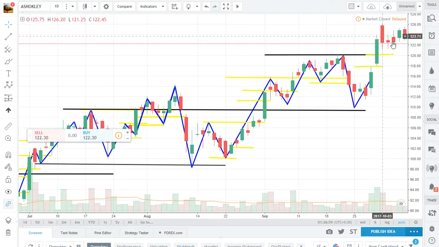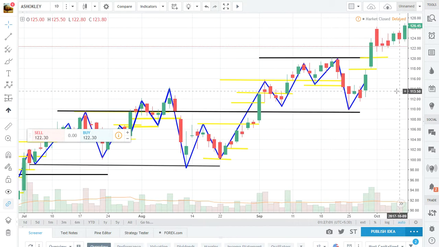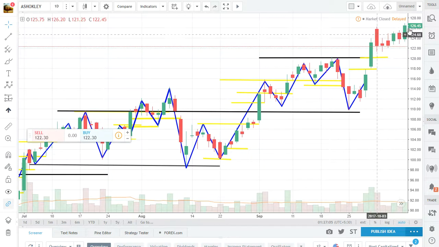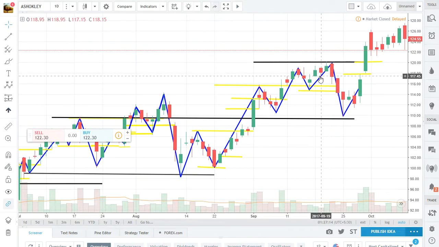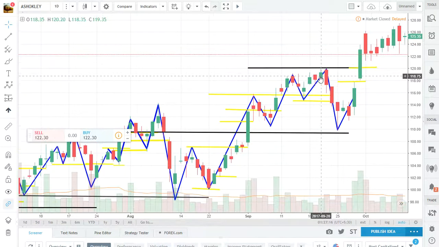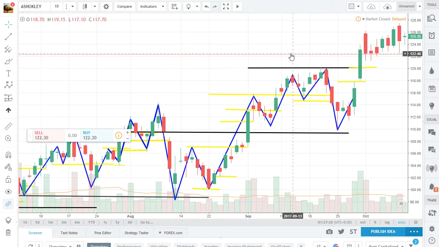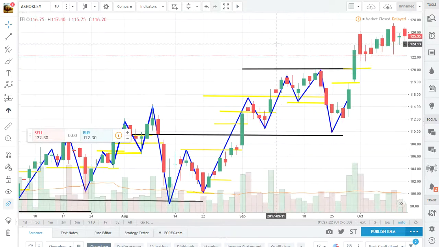It is again doing a consolidation here. The consolidation is broken, but it can again come down because it is not a significant breakout, as you can see. So there is no update of stop loss as of now. There is no update of stop loss as of now as well. So there is no update of stop loss too.